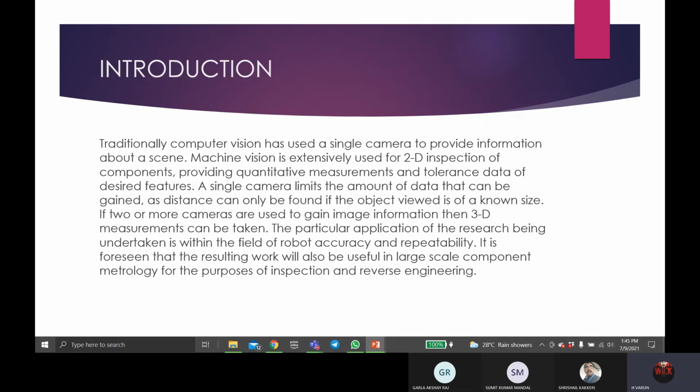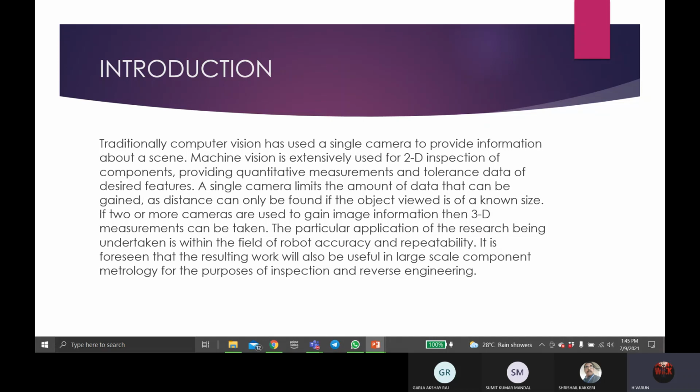The introduction is that, in general, companies or small scale industries use machine vision, which extensively uses 2D inspection of components. That is only 2D vision, and they make 3D vision after making the 2D vision. But in this topic, using two or more cameras we can gain information for 3D measurements also.